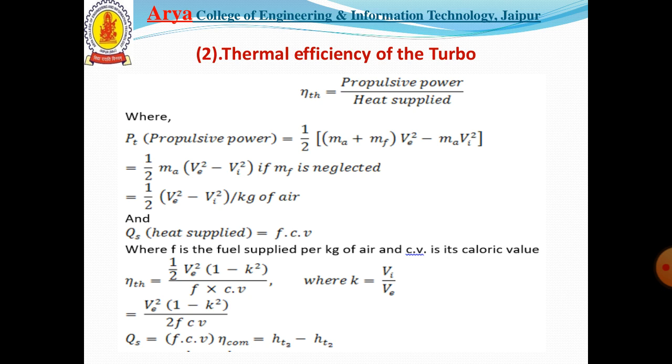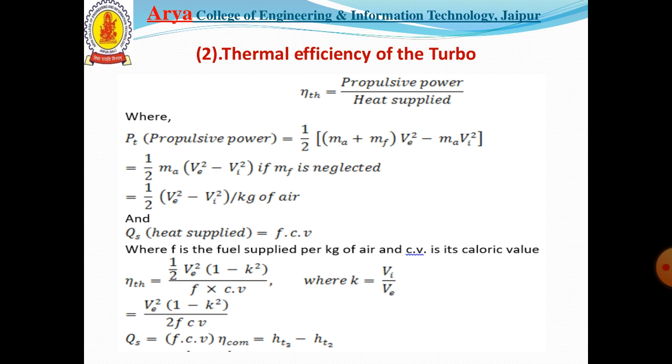It is defined as the ratio, eta TH equal to the propulsive power upon heat supplied, where the propulsive power PT equals half of (ma plus mf) into Ve square minus ma into Vi square. ma is the mass flow rate of the air, and mf is the mass of the fuel.